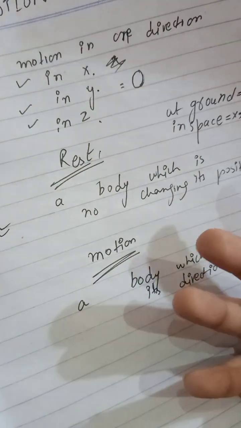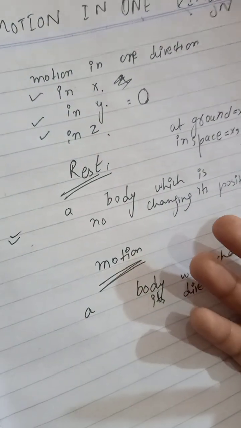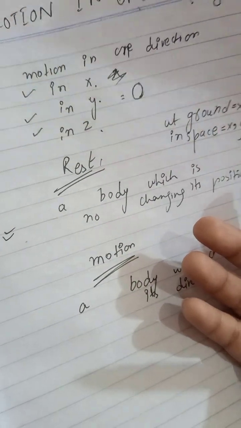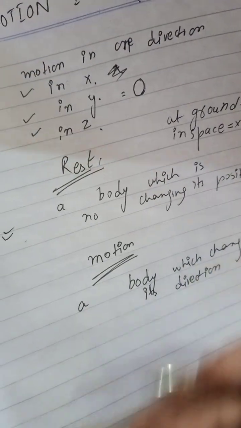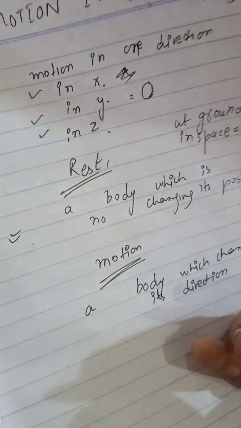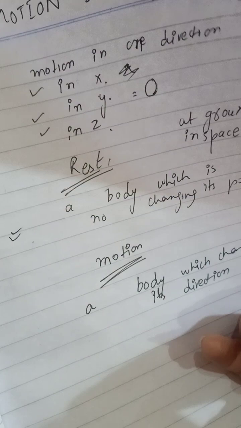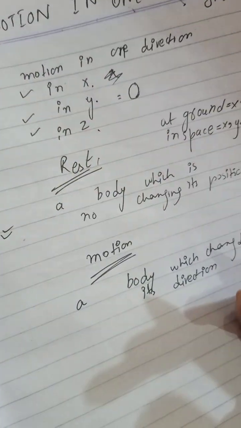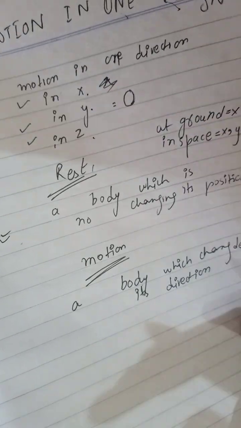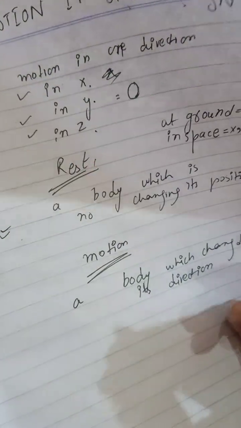Take another example: a person stands up from the chair and starts moving. So the person has changed position, and that is called motion.